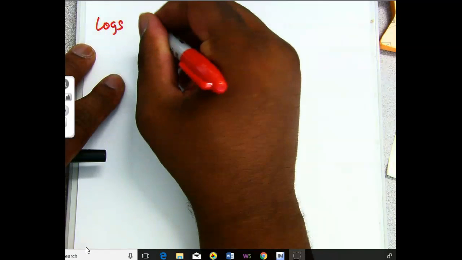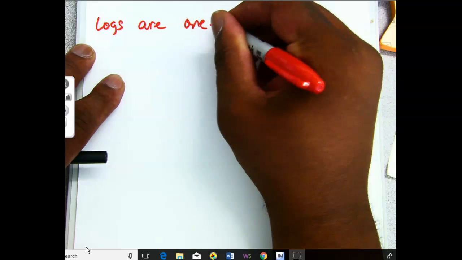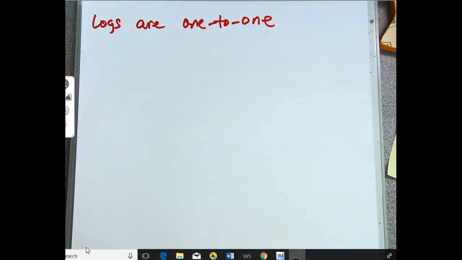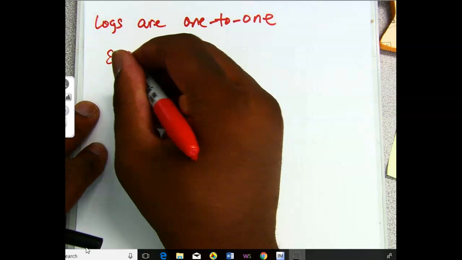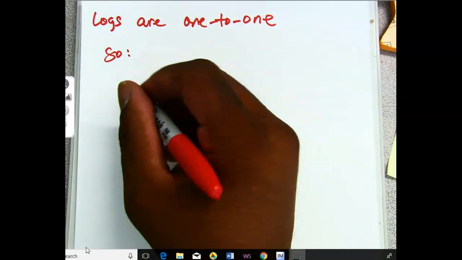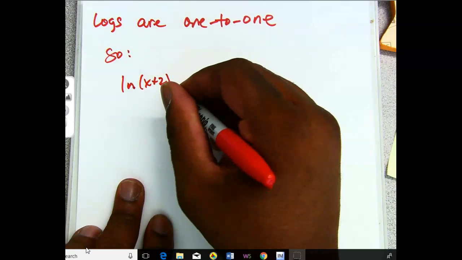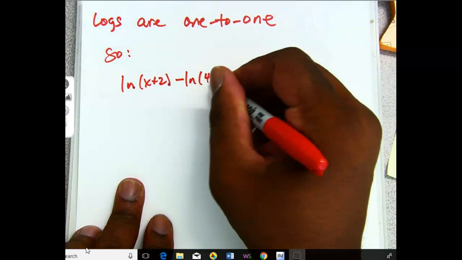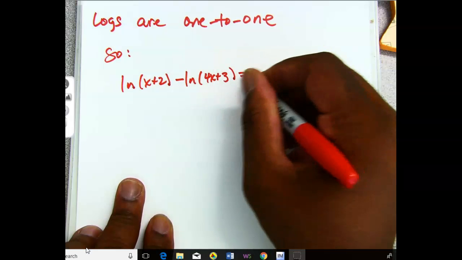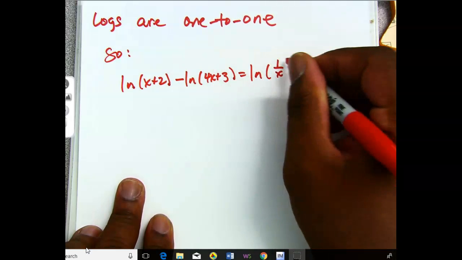Okay, last part. Just like exponentials, logs are one-to-one functions. So, ln of x plus 2 minus ln of 4x plus 3 is equal to ln of 1 over x.